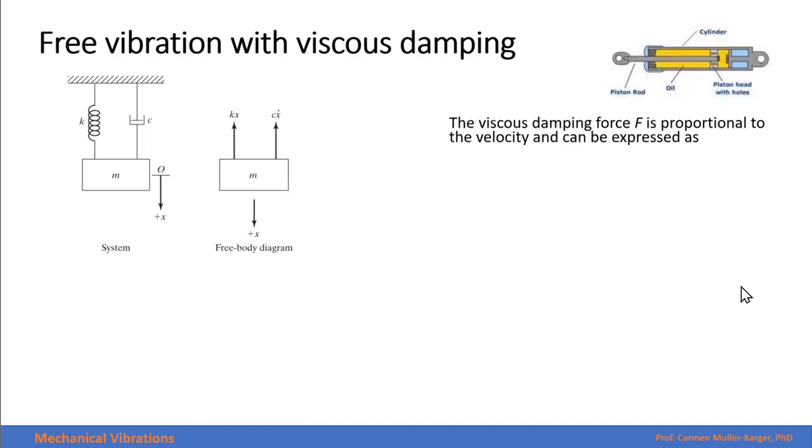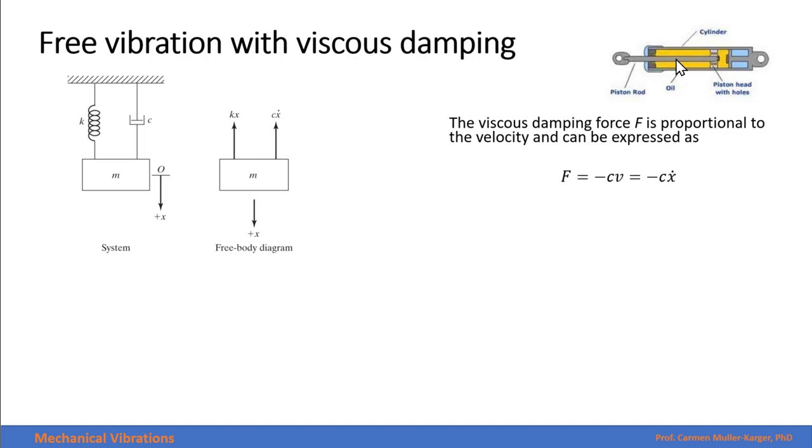The viscous damping force is proportional to the velocity, and it is the relative velocity between the two ends of the damper. It can be expressed as negative c, the coefficient of the damper, times the velocity between the two ends of the damper. Here we can see a figure of how a damper looks. So we have two ends, we have a fluid within the cylinder, and we have a piston that compresses that fluid.